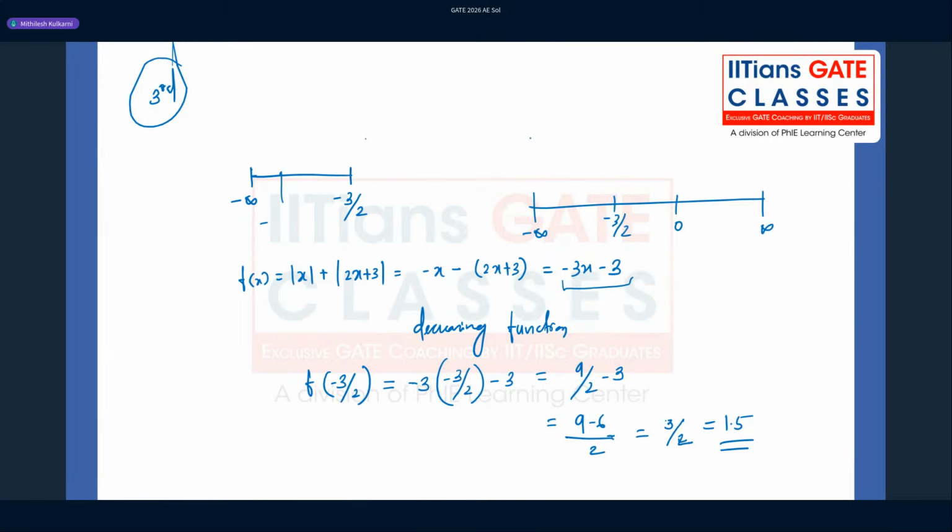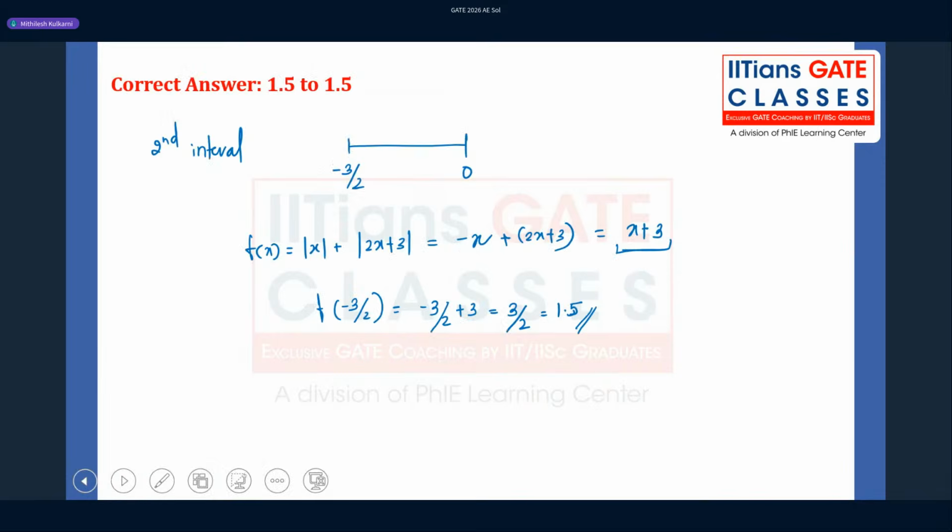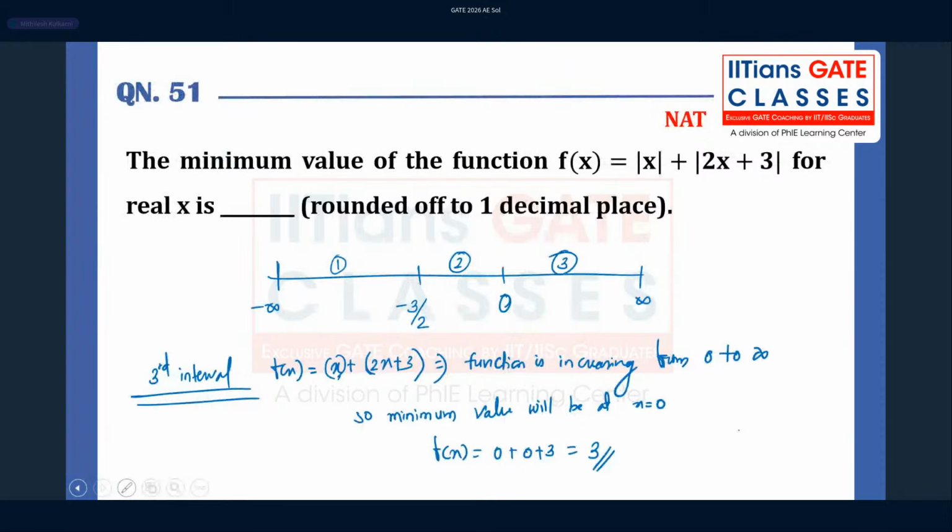The function is decreasing to 1.5, then it will become 3, and then it is increasing again. So the minimum value is at minus 3 by 2, and it is 1.5. So the correct answer in this case is 1.5, which we got. You should type the answer as 1.5 because it's up to 1 decimal place.